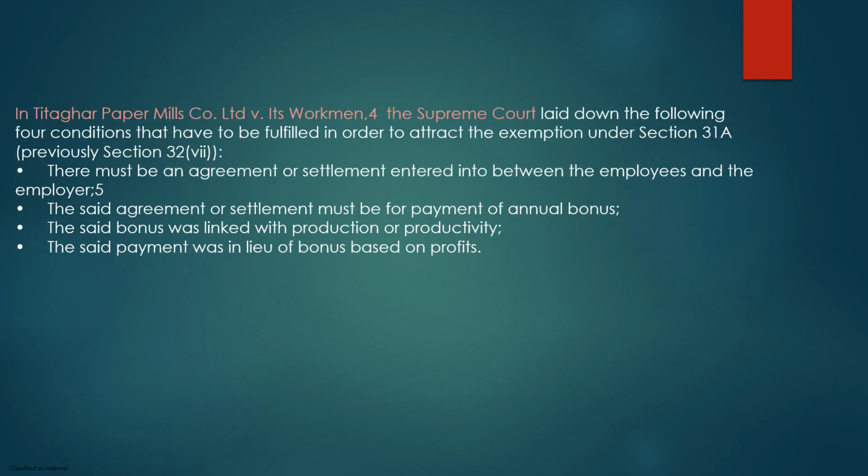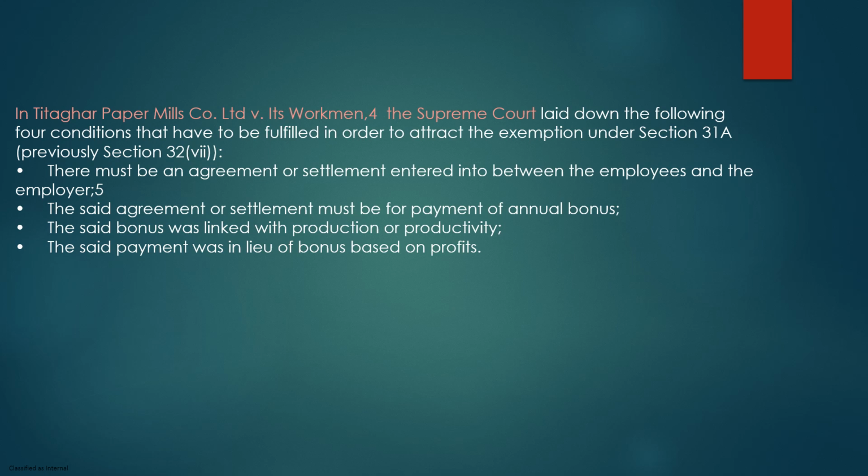In the case of Tika Nagar Paper Mills Company Limited versus its workmen, the court laid down the following four conditions to be fulfilled in order to attract the exemption under Section 31A. There must be an agreement or settlement between the employees and the employer. The said agreement or settlement must be for the payment of annual bonus.